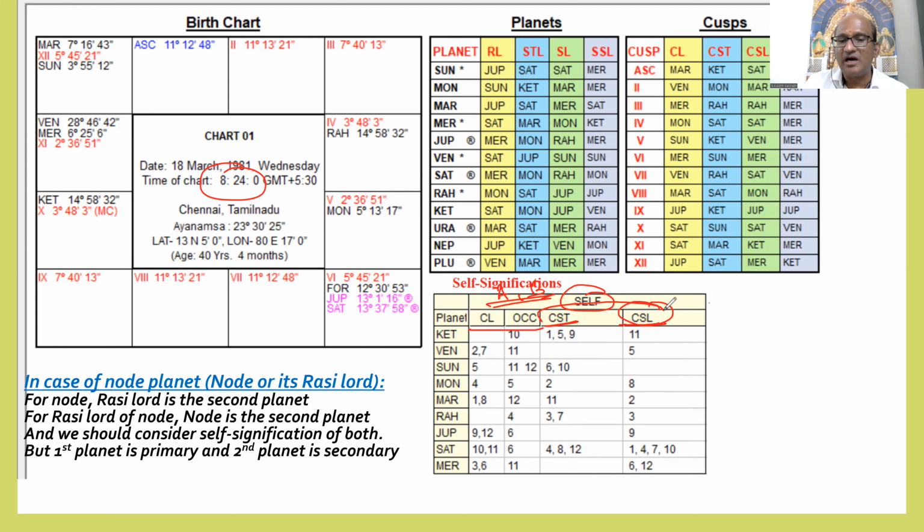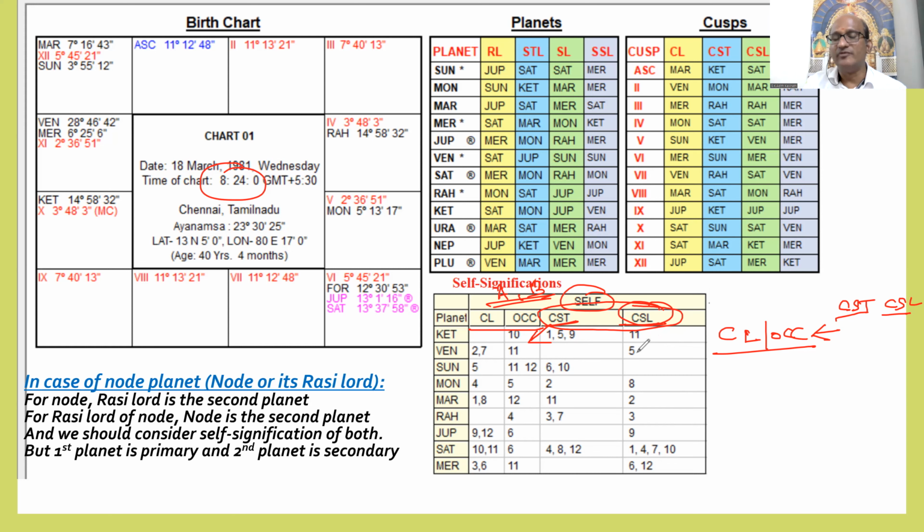These two things are adding value to each planet's cuspal lordship and occupying house significations, which are further added to by their CST and CSL significations. For one person, the CSL may be favorable for a particular event. For another person, the CSL may not be favorable. So these two significations, in addition to CLOCC, are making the difference, right?